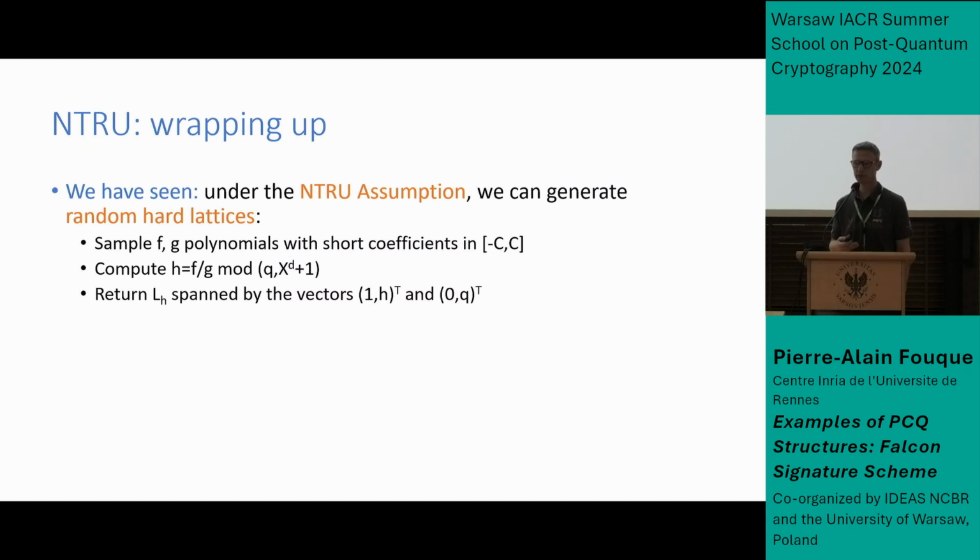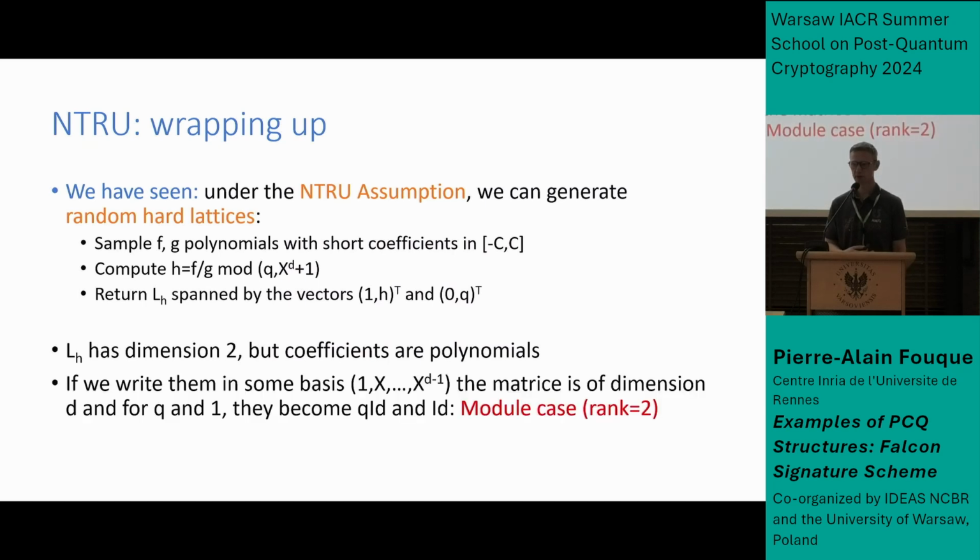And so you get now two vectors, 1 h and 0 q, and this will be the basis of your lattice. Okay, so this is a dimension 2 lattice, but with polynomials as coefficients.